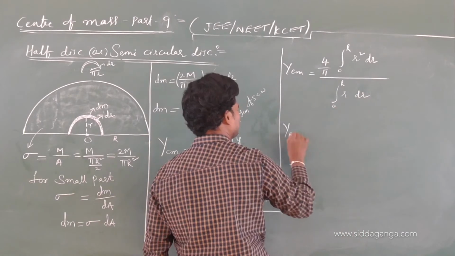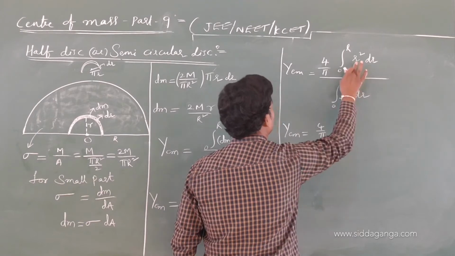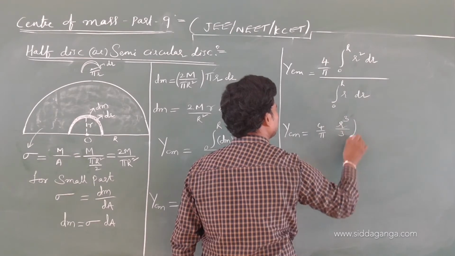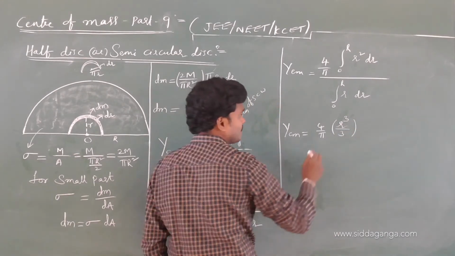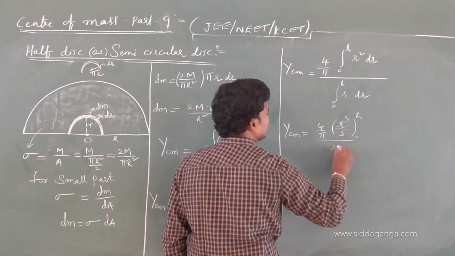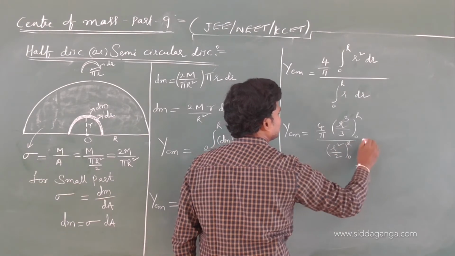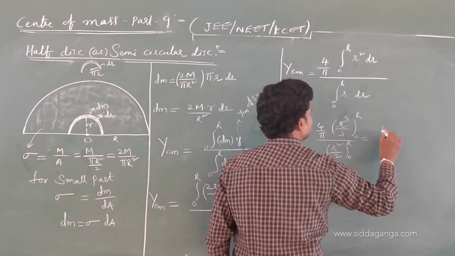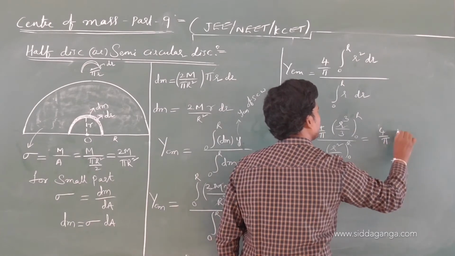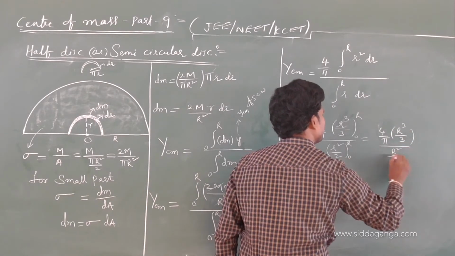So YCM is 4 by pi, and the integral of r square dr is r cube by 3; substitute the upper limit 0 to capital R. The other integral, of small r dr, is r square by 2, from 0 to capital R. Then substitute the limits: 4 by pi, capital R cube by 3, over R square by 2, R square.